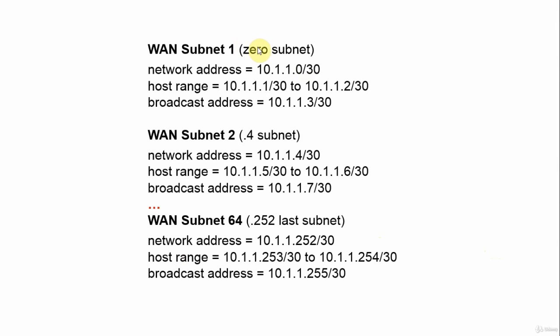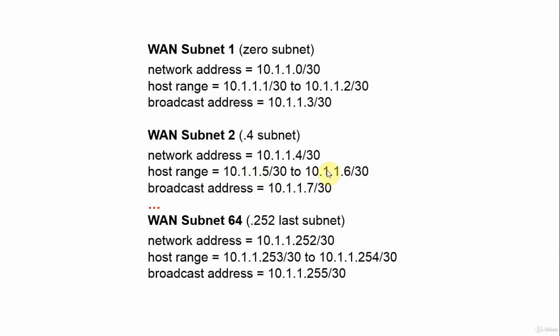So there's the 0 subnet, 10.1.1.0/30, that's 0. Then 1 and 2 are assigned to the host range, and 3 is the broadcast. So pretty quick. And then there's the 4, and it'll go right through after 4. Then it's going to be 8, 12, 16, so it's multiples of 4. Then 5 and 6 are going to be the host range. 10.1.1.5 would go to a local router, and 10.1.1.6 would go to the remote router.